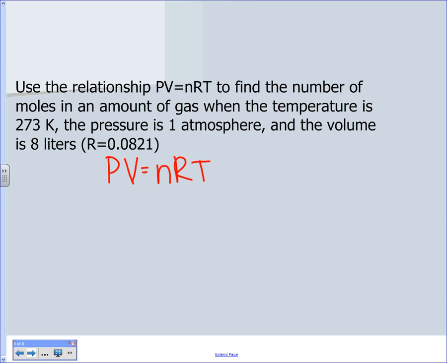That's fine. Just start by plugging in what you know. It says when the temperature is 273. Well, which variable is temperature? The pressure is 1. What is pressure? The volume is 8. What is volume?